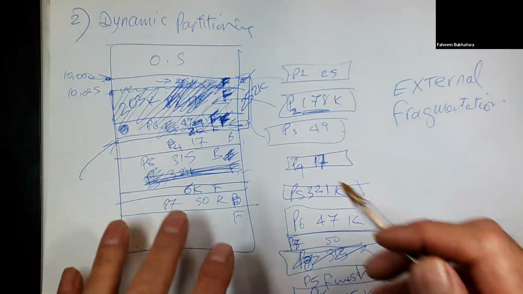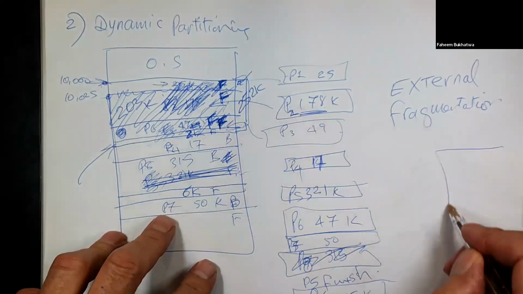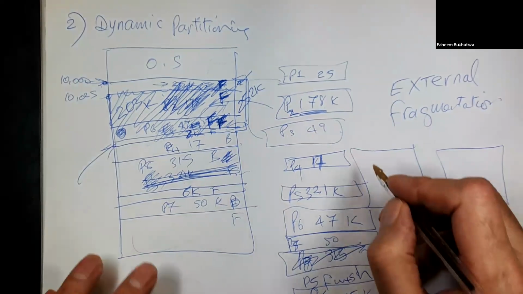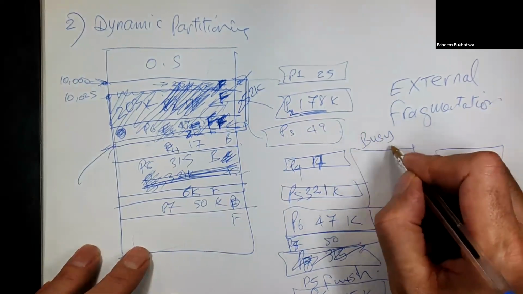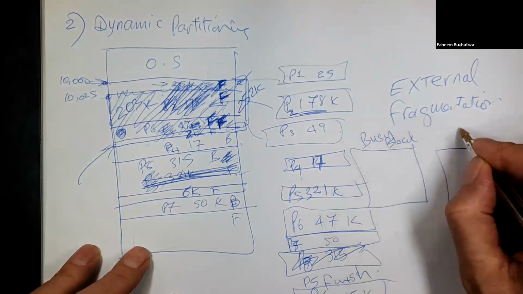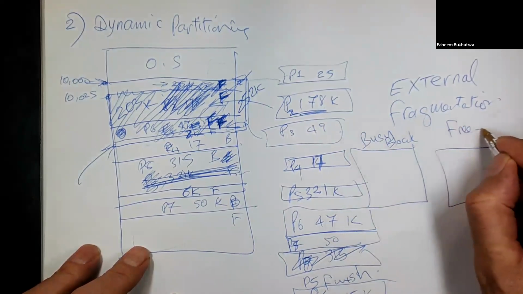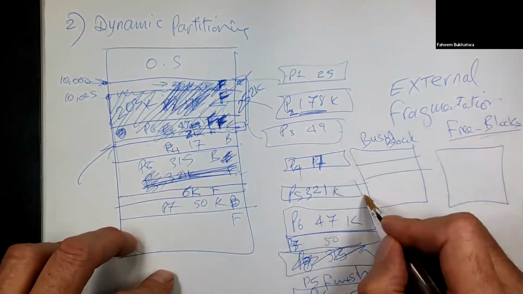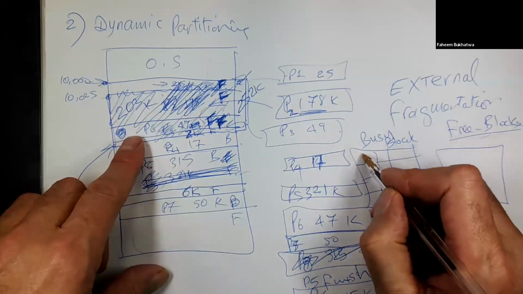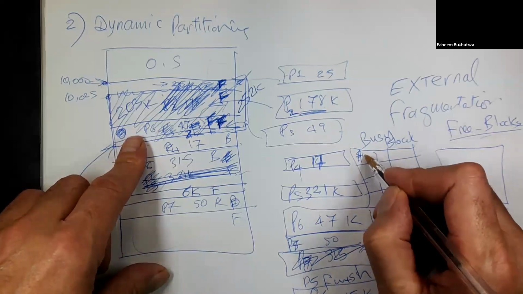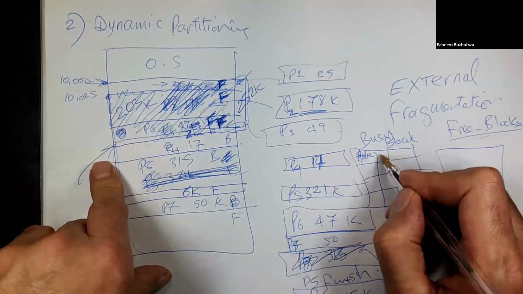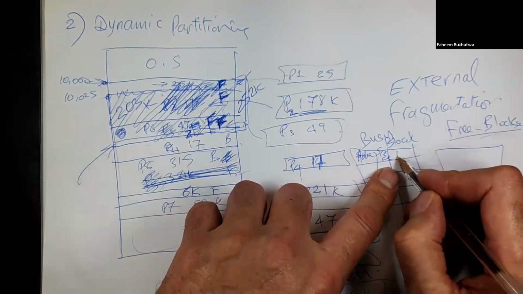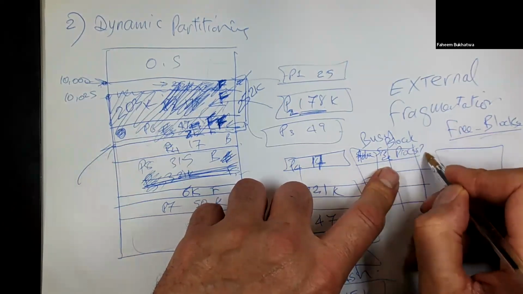And what they do, in fact, is keep two tables, not like the previous system. They need two tables of memory: one table of the busy blocks and one table of the free blocks. For the busy ones, for each block we record the size, the address where it is in memory, and who is there, which process is occupying it.